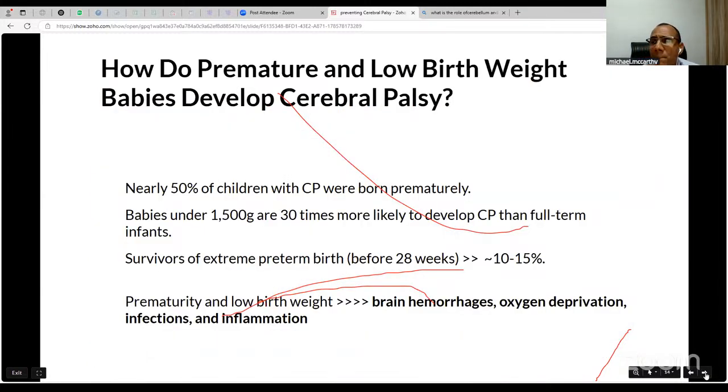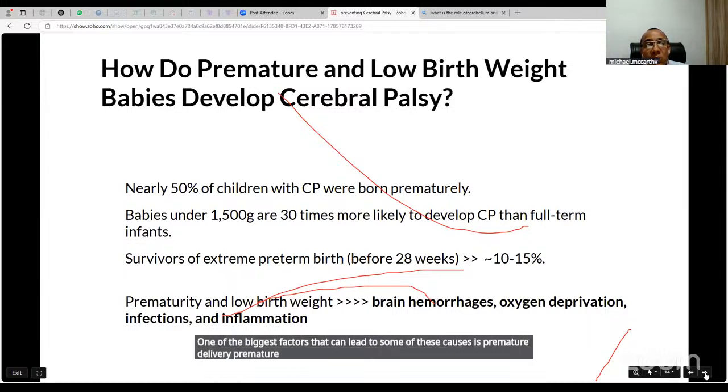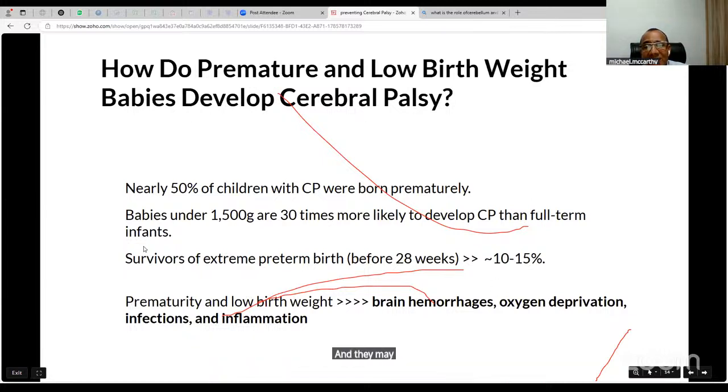One of the biggest factors that can lead to some of these causes is premature delivery, premature or low birth weight babies. And they are at a much higher risk of developing cerebral palsy.